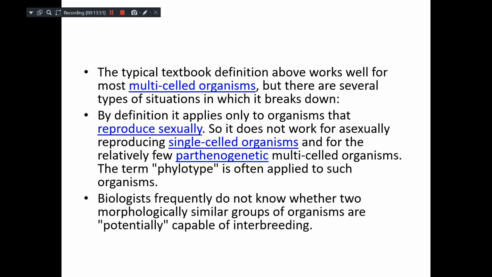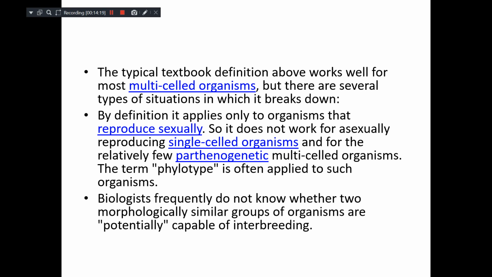And one more interesting fact. Our knowledge about the living kingdom, the living world, is very, very limited. We do not know the magnanimity of the biodiversity. So, we do not know whether two morphologically similar groups of organisms can undertake interbreeding.